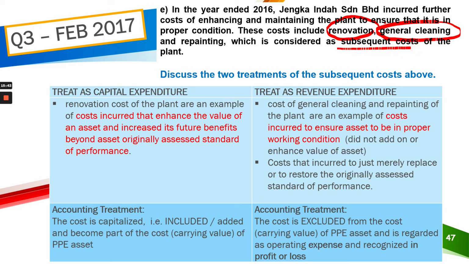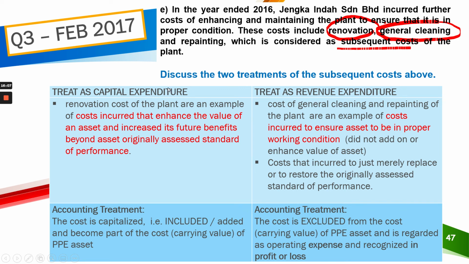Subsequent costs or subsequent expenditure are the costs incurred over the life of the asset. When it is ready for its intended use and you incur more costs, those are subsequent costs incurred over the life of the asset, up to 10 years for example.